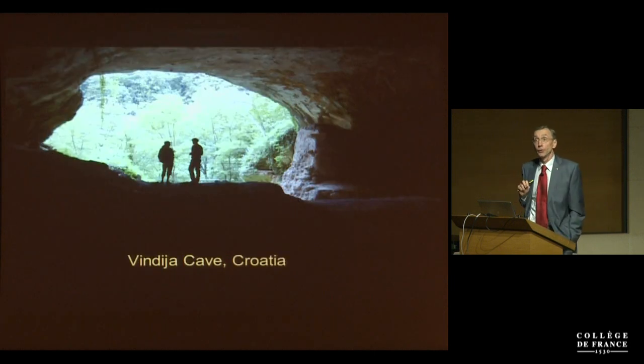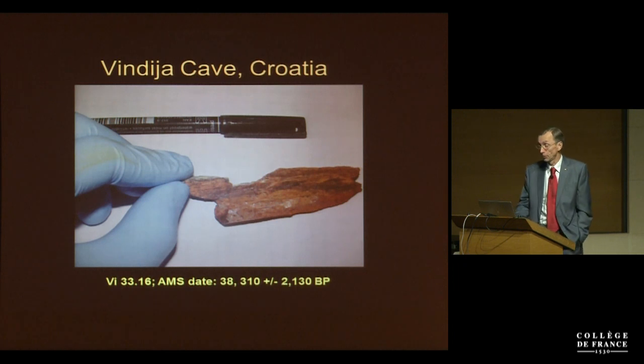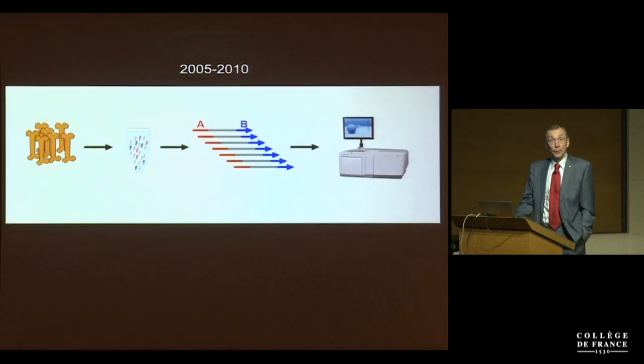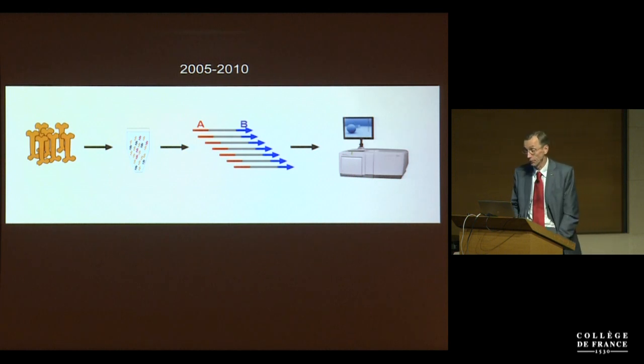The first place where this worked was in Croatia, a beautiful site called Vindija, from this bone that may be around 40,000 years old. And we were then very lucky to get funding to improve over 5 years our techniques with which we extract the DNA from the bones and modify it to a form that can be fed into these sequencing machines.